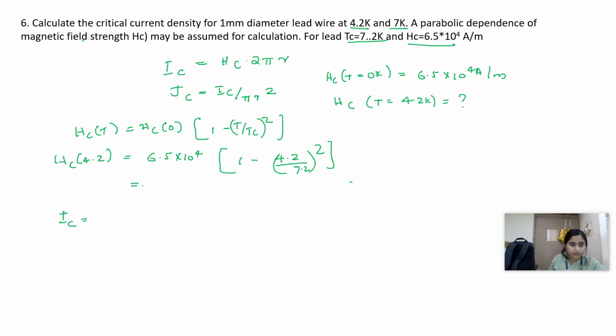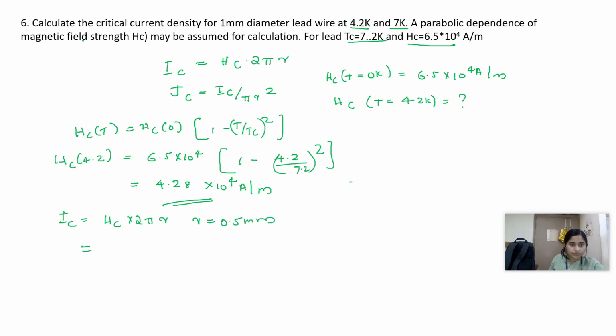So here you will get the Hc of T value as 4.28 times 10 to the power 4 ampere per meter. Once you get the Hc of T, you can calculate Ic, that will be Hc times 2 pi r. So here r will be what? Diameter is 1 millimeter, so r will be 0.5 millimeter.